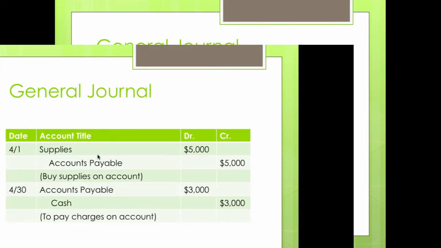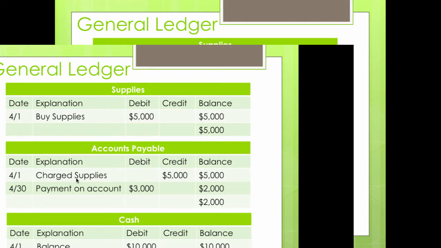Now you go for accounts payable. And you go back here and you see that accounts payable is actually affecting two transactions. One here, which is a credit for $5,000, and another one here, which is a debit for $3,000. They're on two separate dates, April 1st and April 30th. You're going to take those two transactions and record them under the accounts payable area.